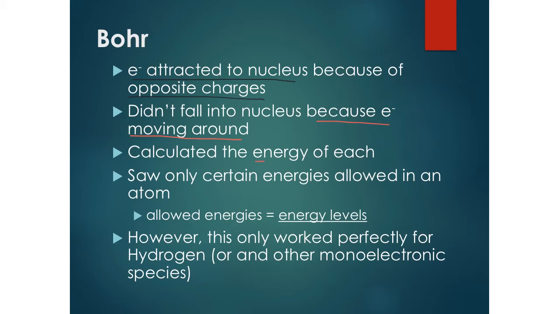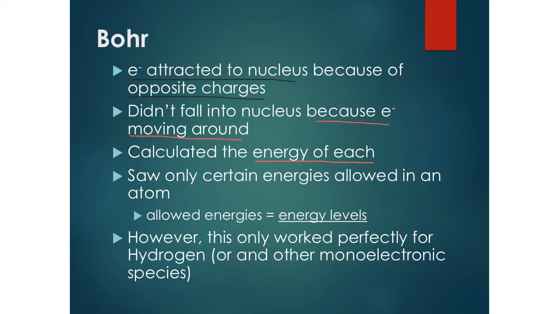There is a certain energy for each shell, or each principal energy level. We did that in the previous video, talking about the energy and wavelength and frequency. Depending upon the light that's being emitted, you could calculate the energy there.